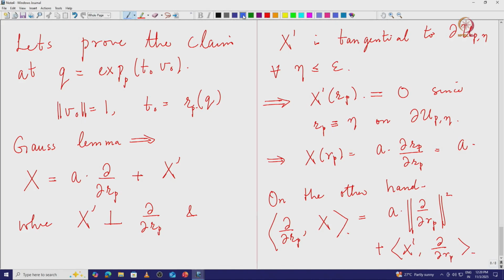But this is 0, because X prime by the Gauss lemma is orthogonal to del by del Rp, and the norm is equal to 1 by one of the things that we proved in the previous lecture.